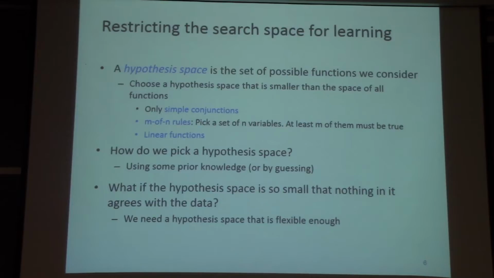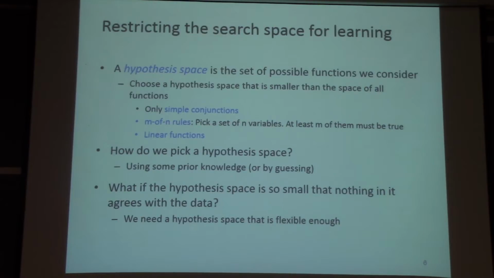And just to remind you, a hypothesis space is a set of functions that your learning algorithm considers. And if you consider all possible functions, then learning seems to be impossible because there are just too many of them. Even if you are dealing with Boolean functions, if you have n variables, you have 2^(2^n) functions.